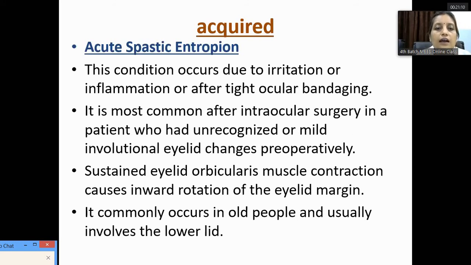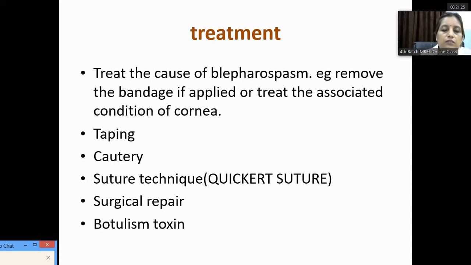Sustained eyelid orbicularis muscle contraction causes inward rotation of the eyelid margins, and it commonly occurs in old people and usually involves the lower lid. So it is a type of the involutional type, and usually we go for surgery which is similar to that of the involutionary type of entropion.